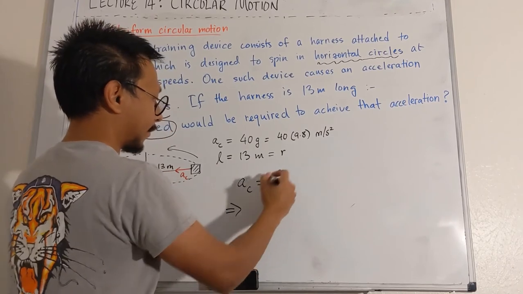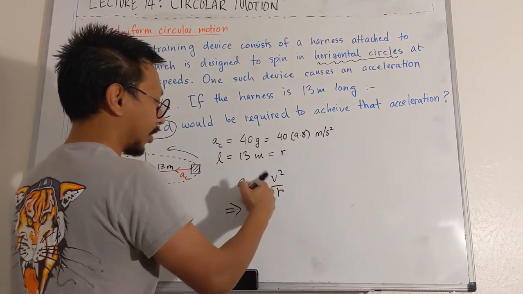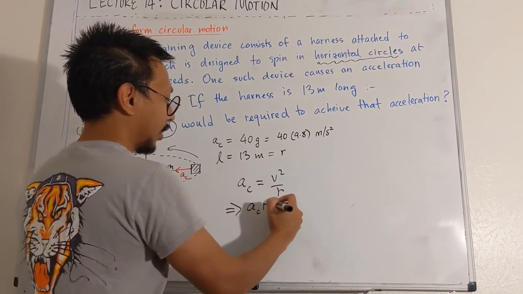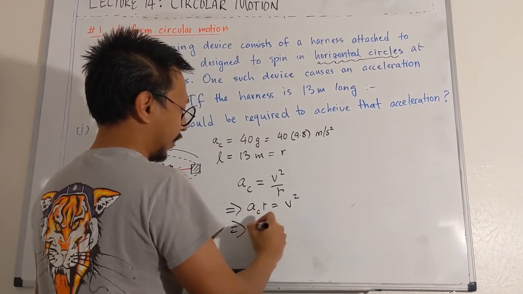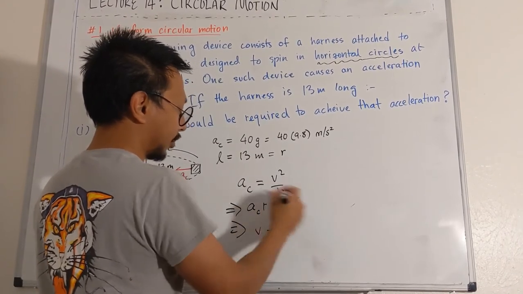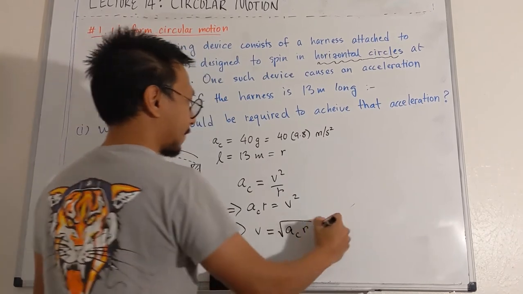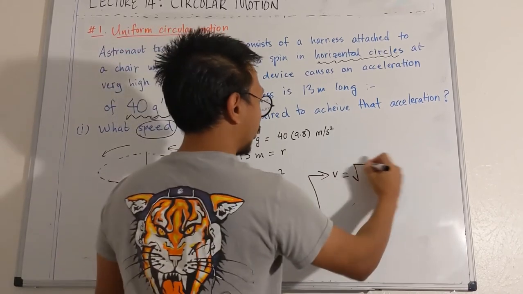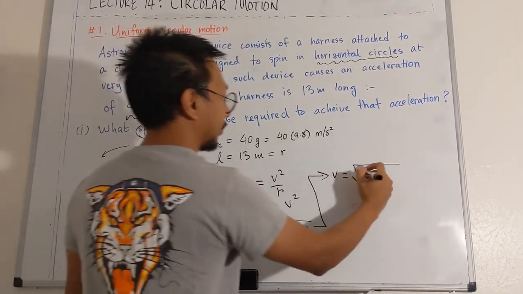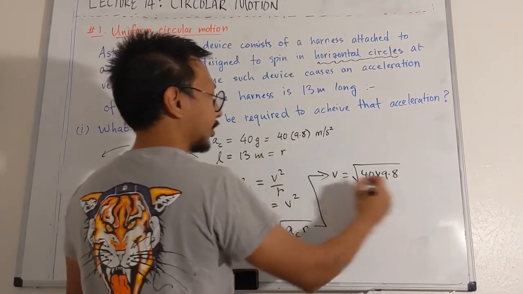Hence, cross multiply a_c to R and v squared to 1: a_c R is equal to v squared, and v is the square root of both sides, the square root of a_c times R. Now v equals the square root of, a_c is 40 times 9.8 and R is 13 meters.